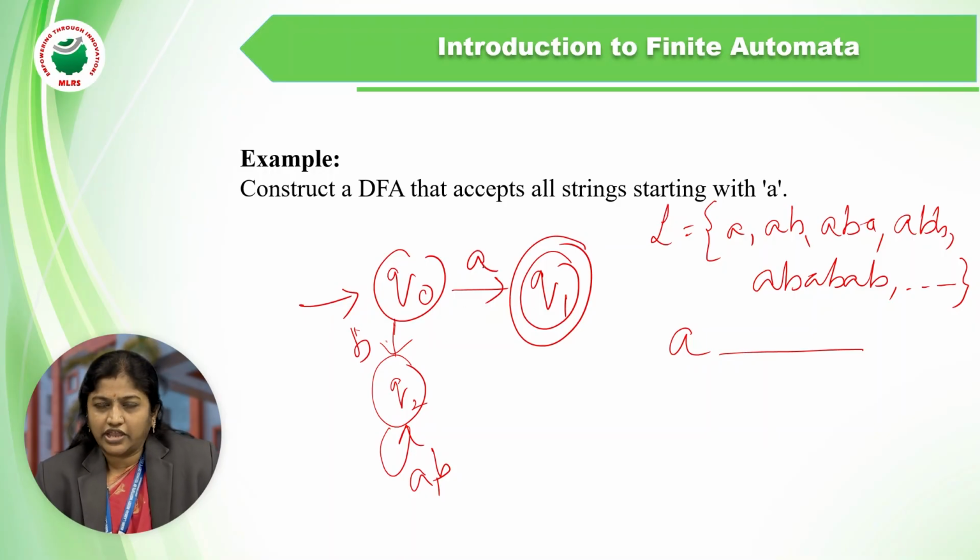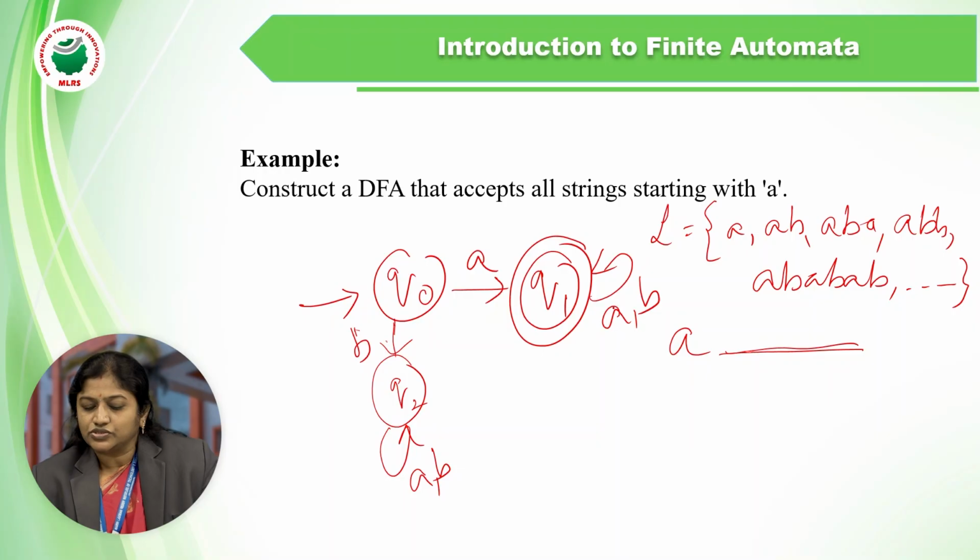Q0 on A is over, that is the starting, and after this it can be anything. So we will take it as A, B. So Q1 with A remains in Q1, Q1 with B again remains in Q1 only.